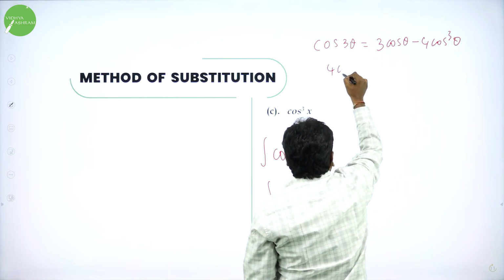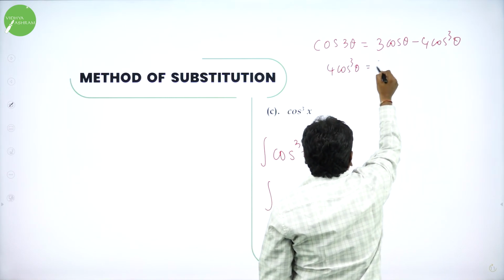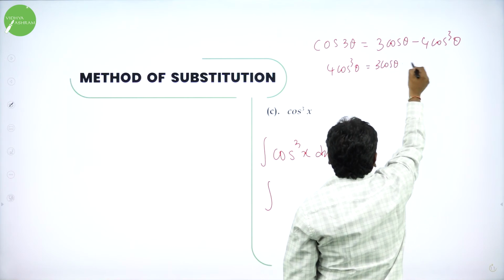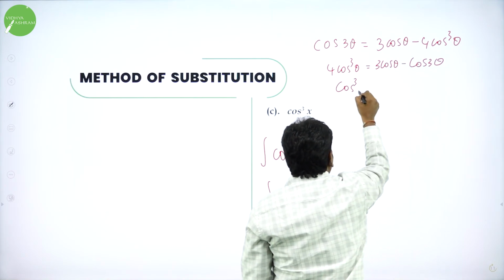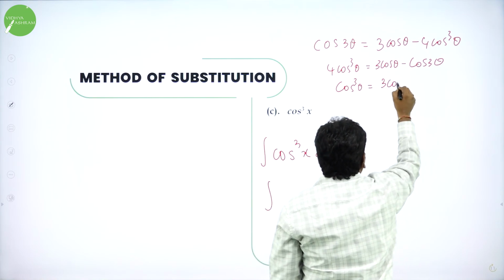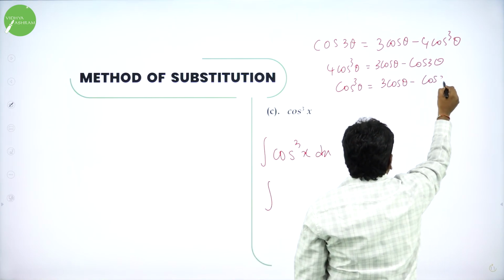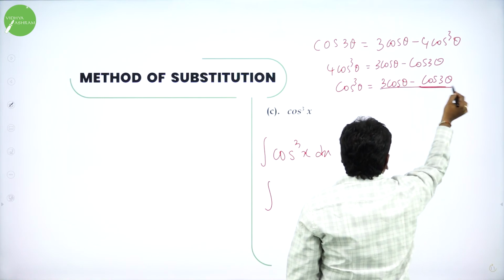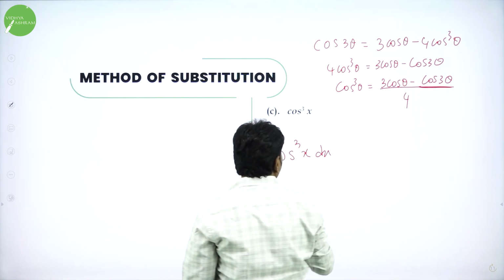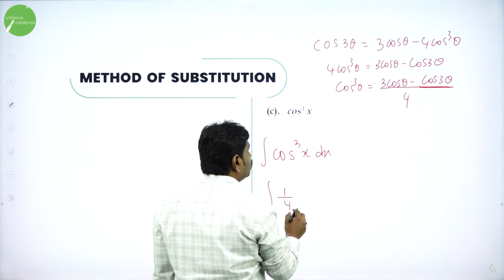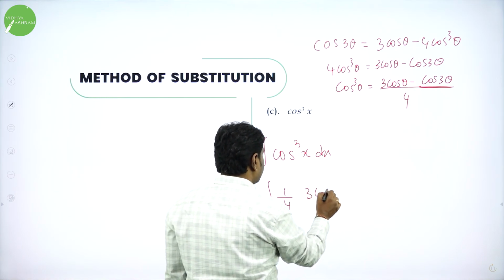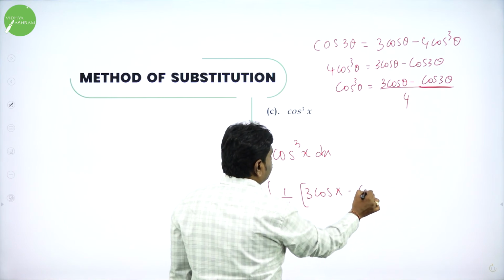From that, 4 cos cube theta becomes 3 cos theta minus cos 3 theta, and I need cos cube theta. Cos cube theta can be written as (3 cos theta minus cos 3 theta) divided by 4. So in the given problem, cos cube x can be written as 1 by 4 into (3 cos x minus cos 3x).